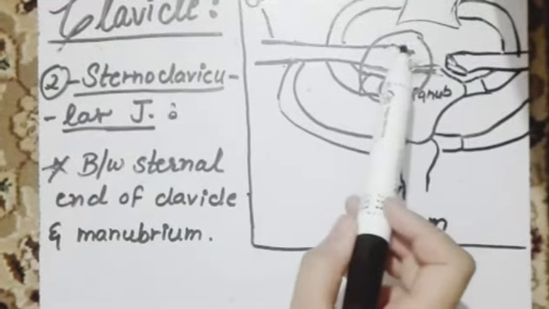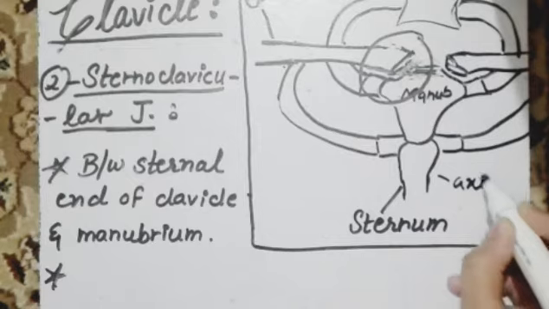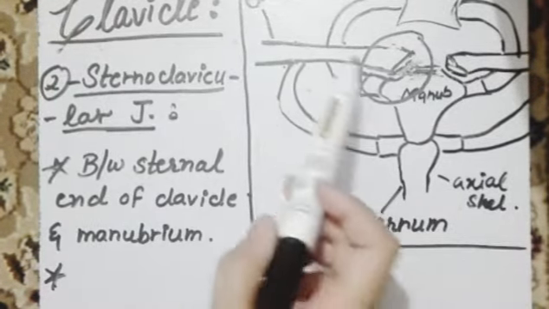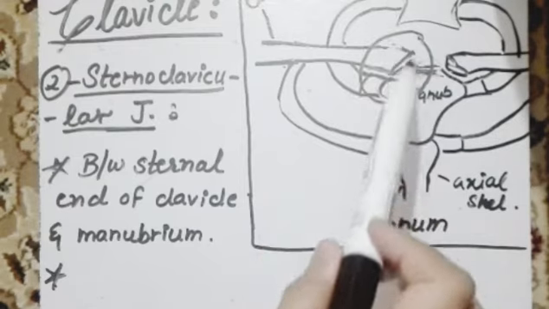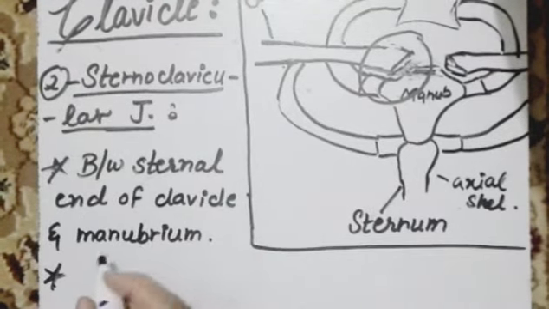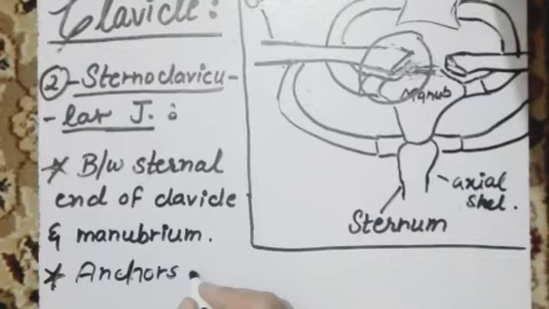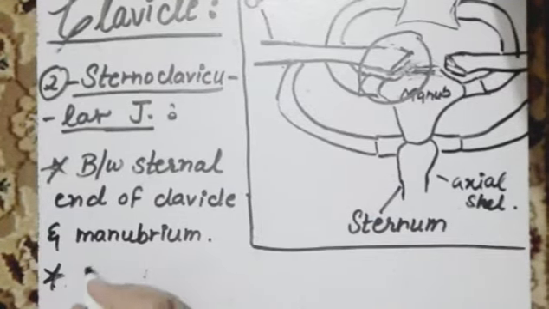You see, it's connecting the appendicular and axial skeleton together. The sternum is a part of the axial skeleton, and the clavicle connects the appendicular and axial skeleton together. In this way, it anchors the whole body, the whole skeleton.